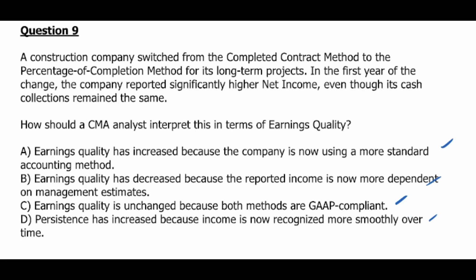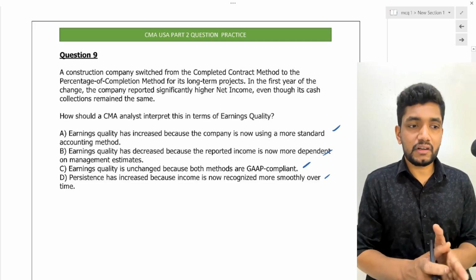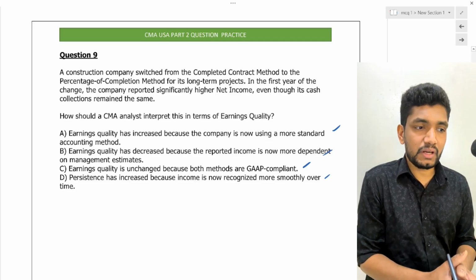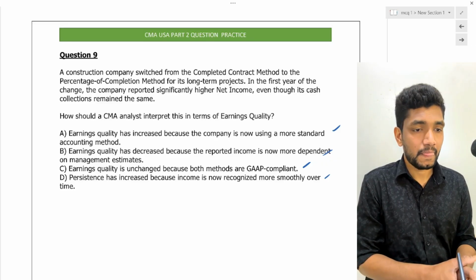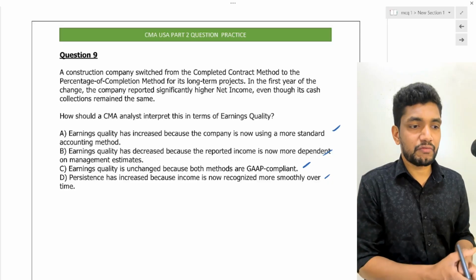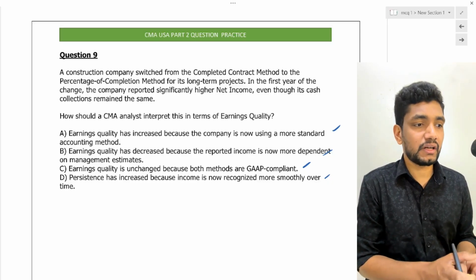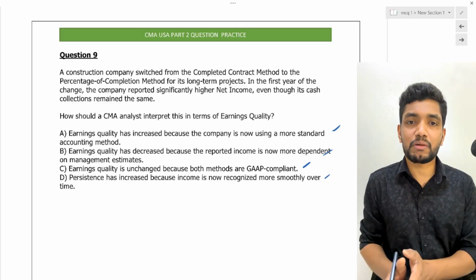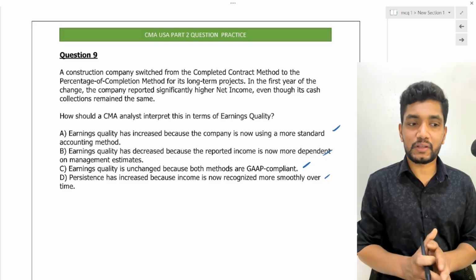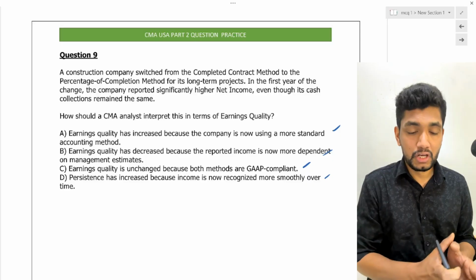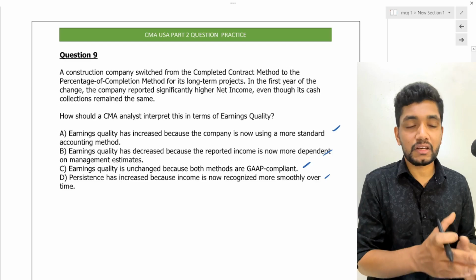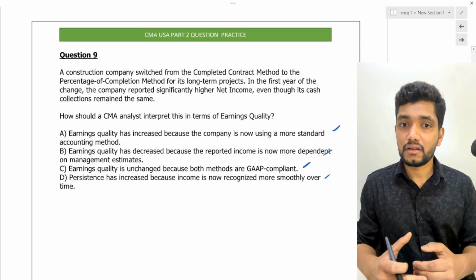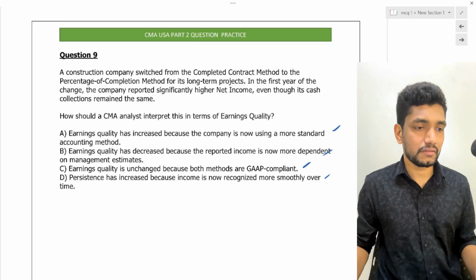So as an analyst, how will you analyze this situation? As we know, the accounting method or revenue recognition method was changed. Before, it was the completed contract method. Now it is changed to the percentage of completion method. As we know, with the percentage of completion method, the management has room to estimate its revenue, maybe whether it is completely recognized or completely earned.